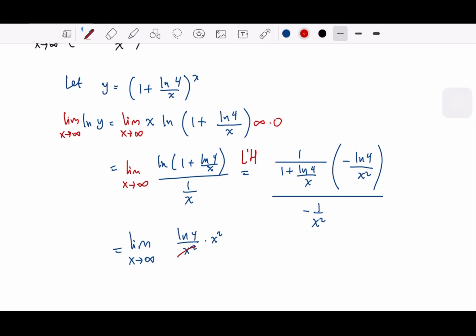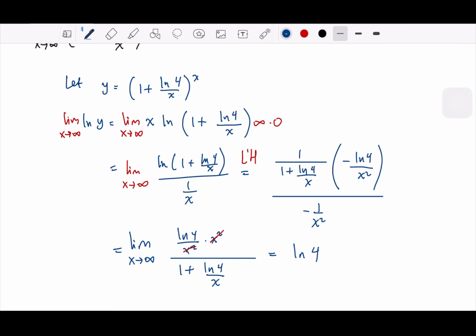So we cancel this too. One plus ln 4 over x. And we can directly answer that this is equal to ln 4.